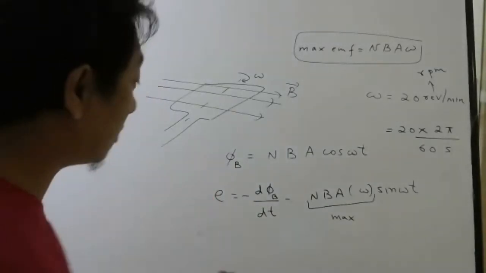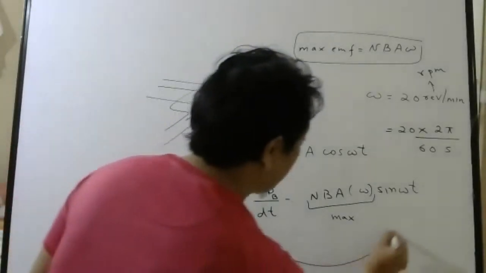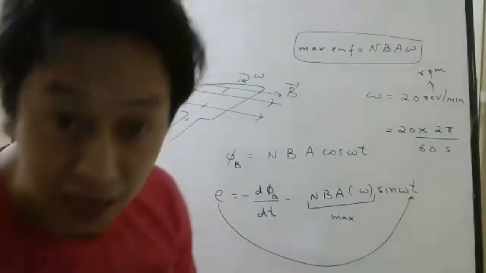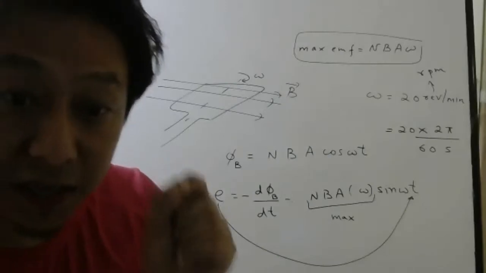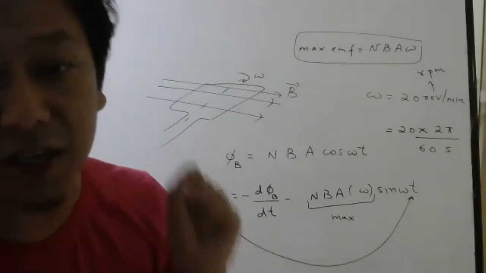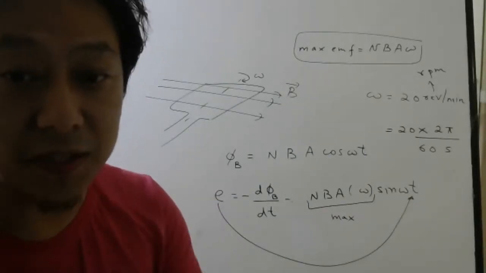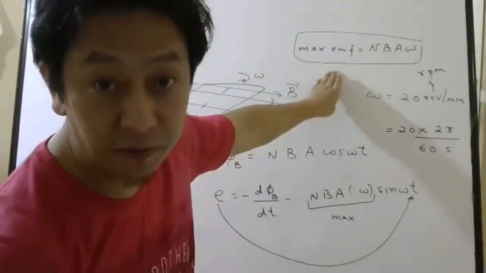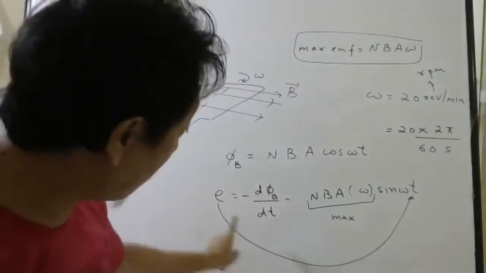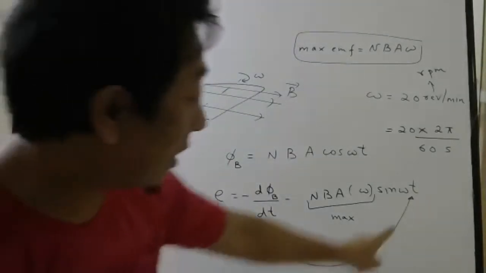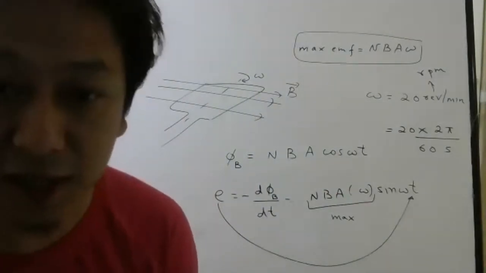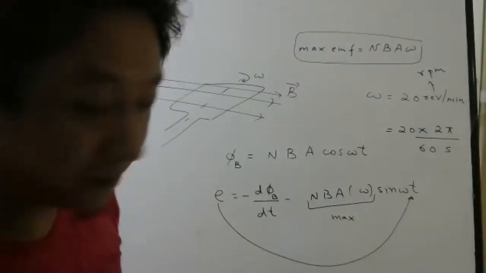Why, students? Because it depends on what? Time. So you have to mention the time if you want instantaneous EMF. If you simply say find EMF, we cannot find it. We can calculate maximum EMF. We can calculate EMF also, provided you mention the time. Is it clear or not? So that time they got 5 marks grace.